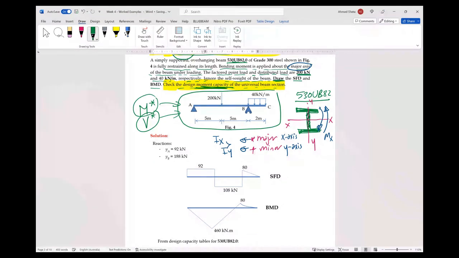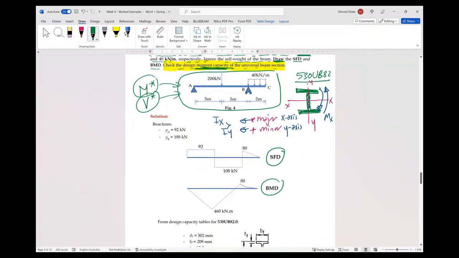Then we need to draw shear and bending moment. If we proceed with this example, what is the first step for this beam to draw shear and moment? The first step is to find the reactions. How many reactions do we have here? 2, YA and YB.